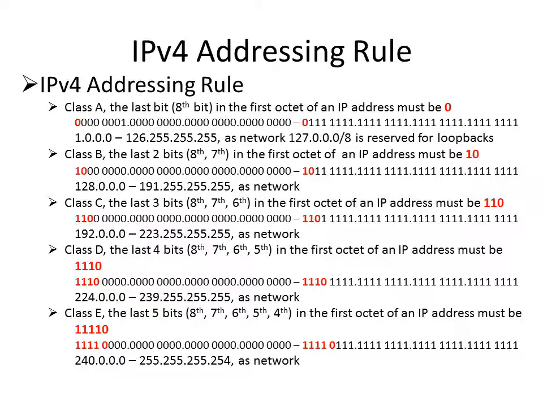So just multiplying the value for each of the bits in the first octet by 1 or 0, and then adding that together, you will be able to get the IP address range for the first octet.